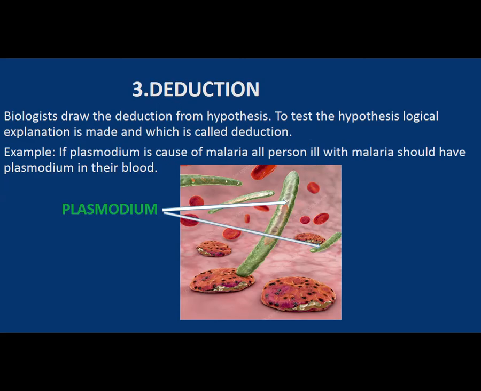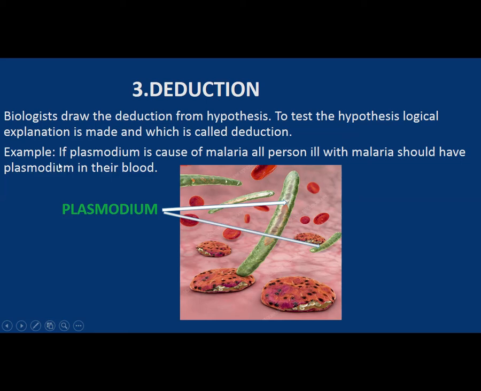Now come to deduction. The third step is deduction. Biologists draw the deduction from the hypothesis. First they make the hypothesis and then the deduction. To test the hypothesis, a logical explanation is made, which is called deduction.